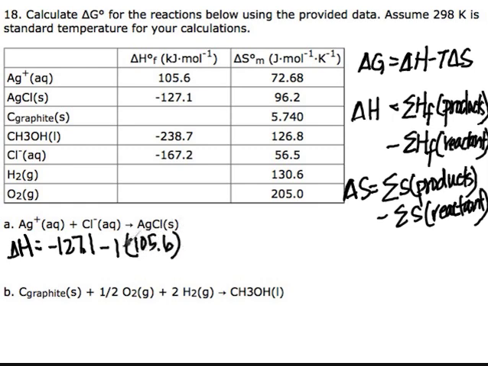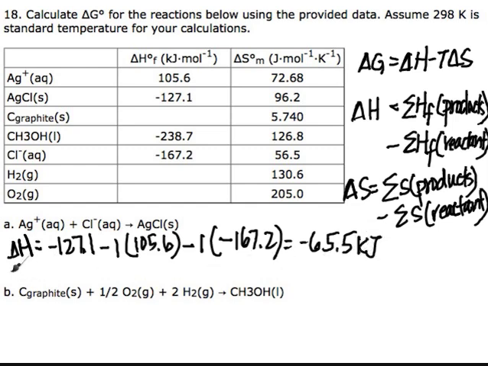The minus 1 for the negative coefficient because this is now a reactant. And then we have minus 1 times minus 167.2. So this is going to equal minus 65.5 kilojoules.